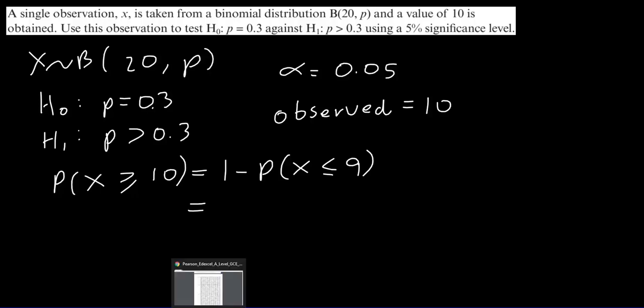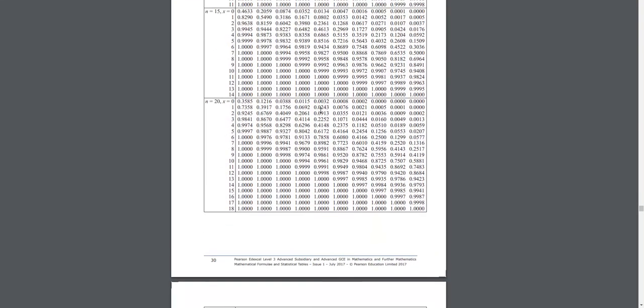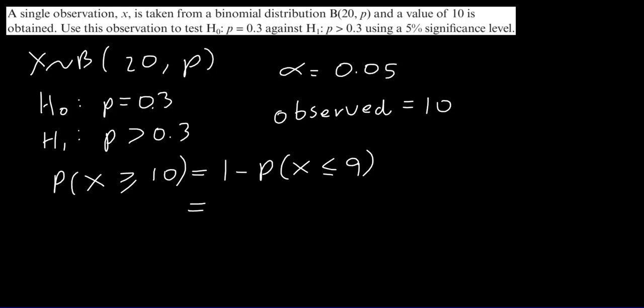So n equals 20, p equals 0.3, so we're looking in this column here, and the probability that x is less than or equal to 9 is 0.9520. So this is the same as 1 minus 0.9520, which is 0.0480.